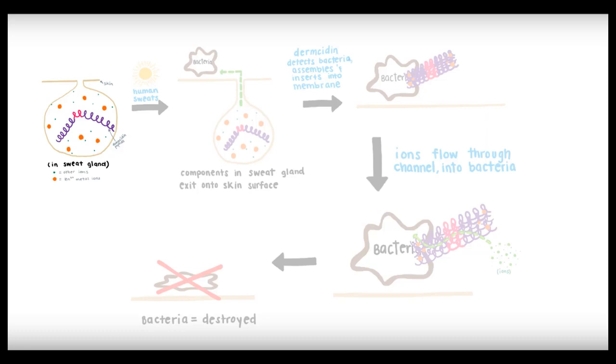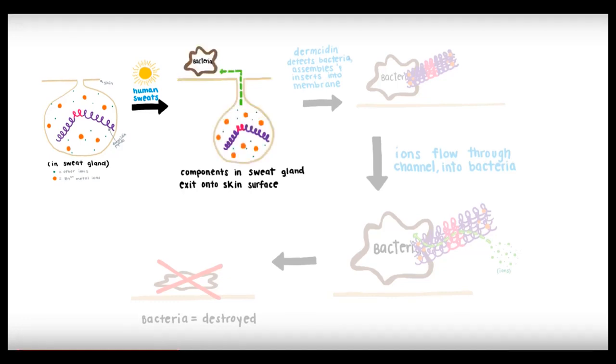Dermcidin is found predominantly in the pores of the human skin, and it is transported through human sweat onto the epidermal surface of the skin. Upon detection of bacteria on the surface of the skin, dermcidin assembles itself through the aid of zinc 2+ ions into a pore formation.